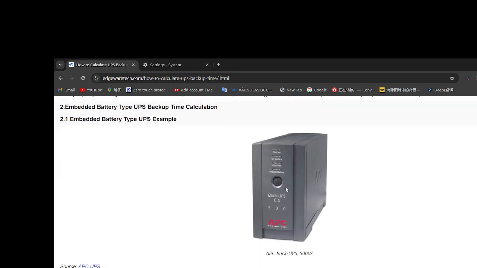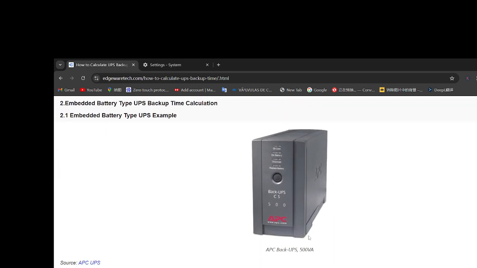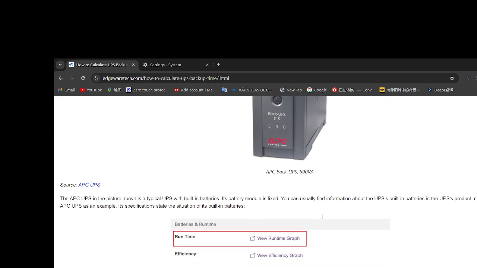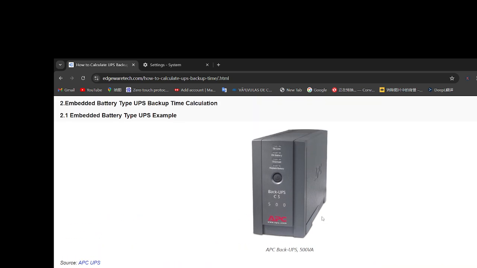Okay, so for example, this is one UPS we can find in the market, APC's Back-UPS with 500 VA, and it has built-in batteries. If you have a UPS in your hand, you first need to check the catalog of the UPS to find out what kind of battery is embedded inside.